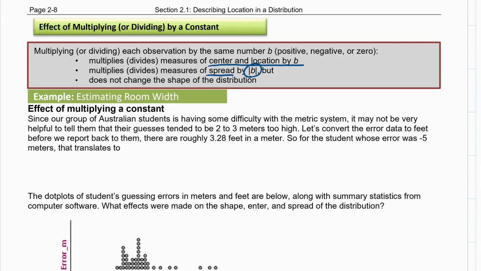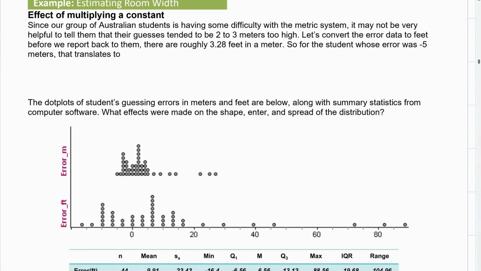Not by the same number b that you're multiplying by, but rather the absolute value of b. This is because if b happens to be negative, you can't have a negative standard deviation or range or IQR, so we have to make sure that we don't fall into that trap. But like in the other case, it doesn't change the shape of the distribution. Let's take a look at an example of how that plays out with this Australian student group.